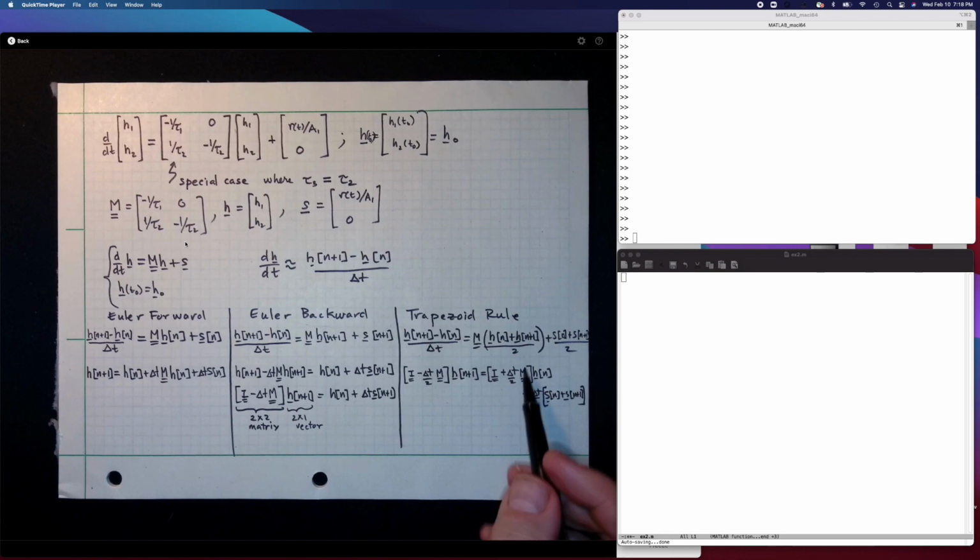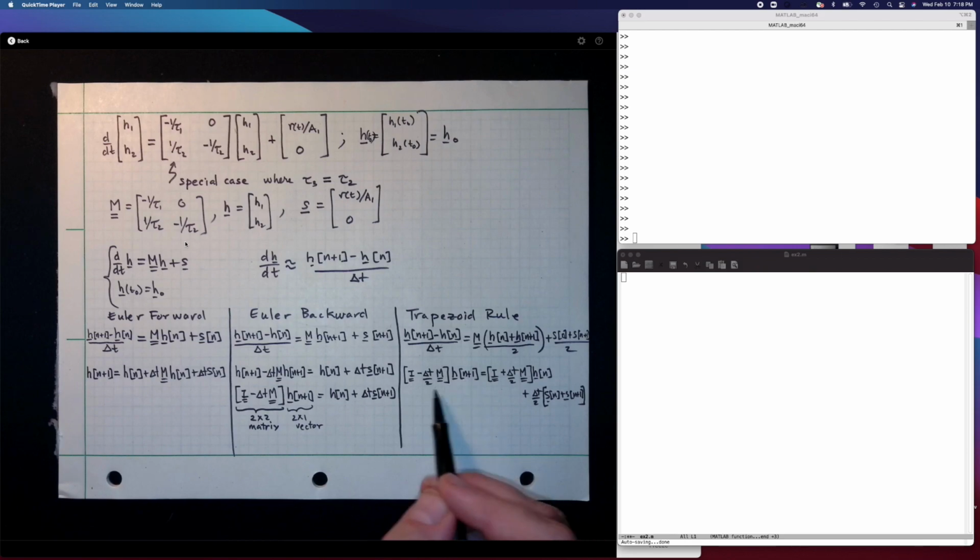So all these quantities on the right hand side of the equal are known at time step n. The source is evaluated at time step n plus 1, but the source is a known function. And here we have only h at n.